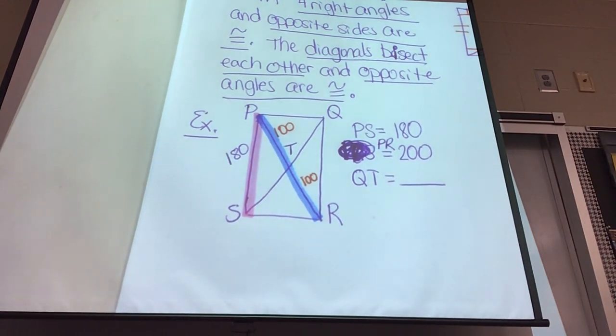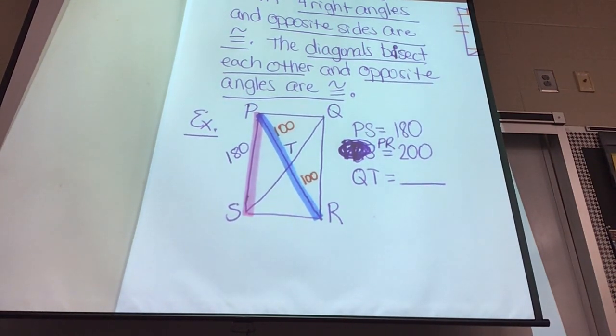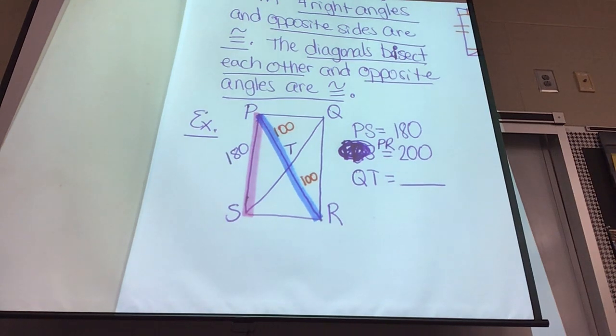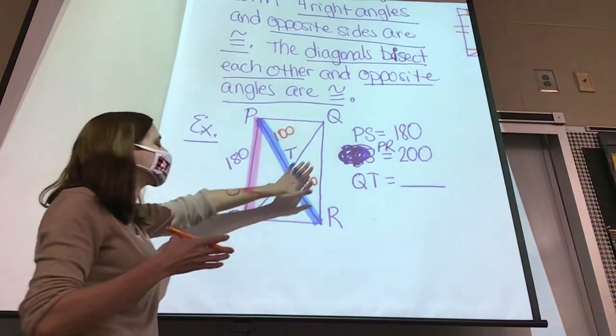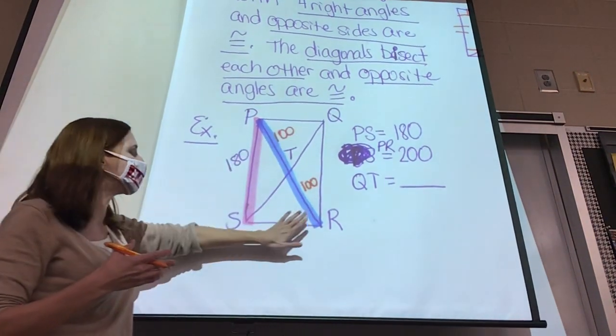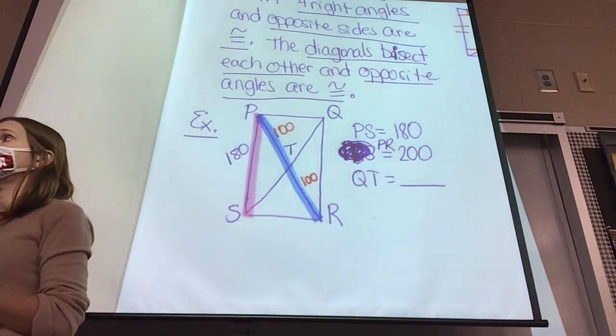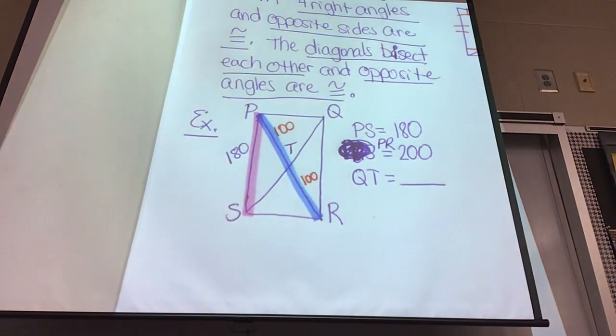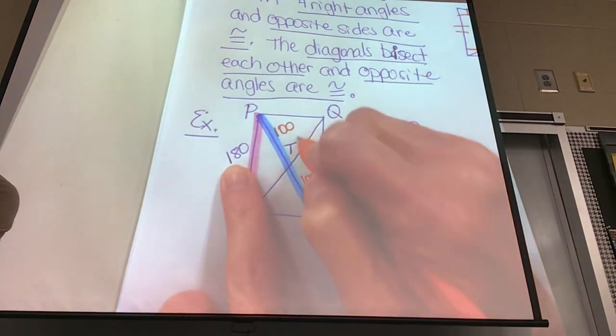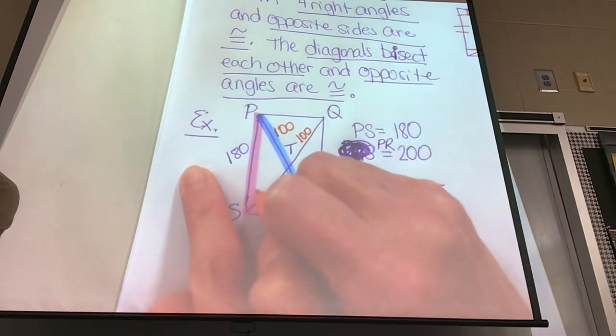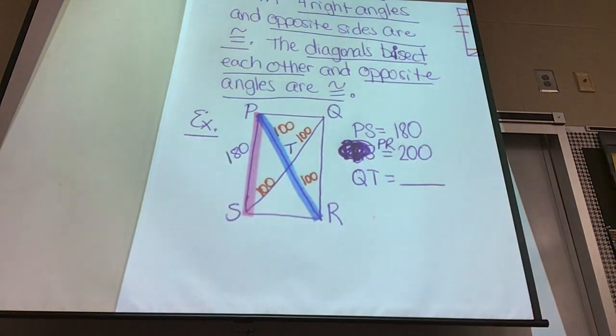Because this side is the same as this side, the diagonals are going to be exactly the same. So if these two were 100, these two are also 100.